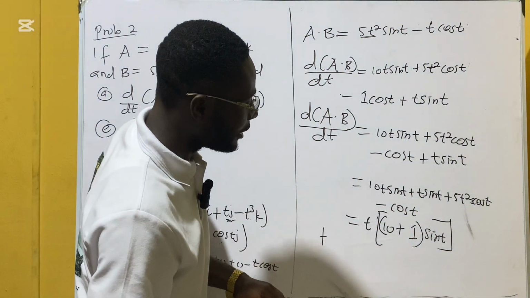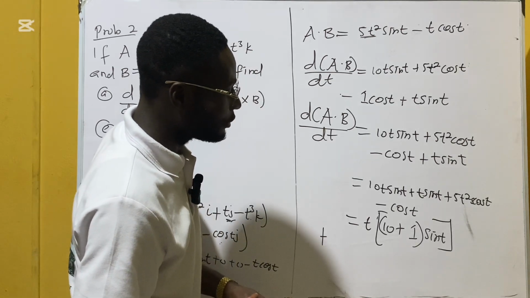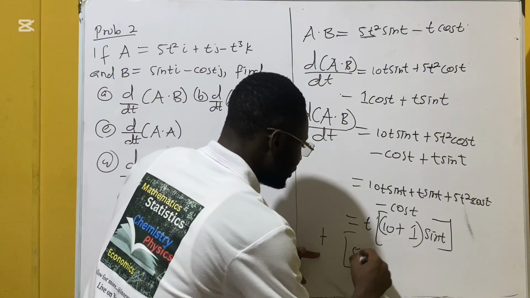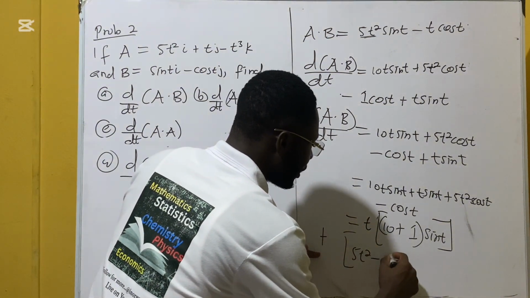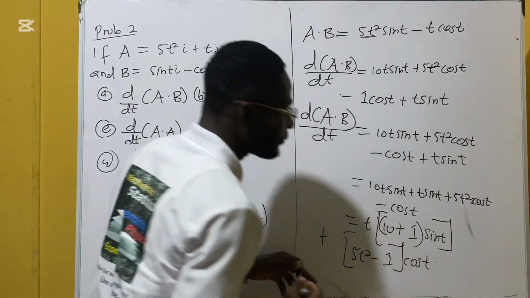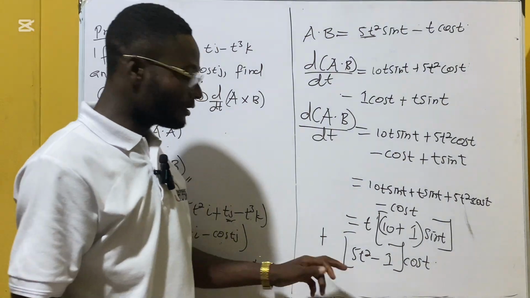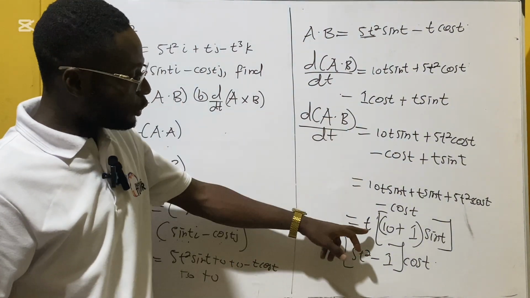We can factor cos t out. So we're going to have into 5t squared minus 1, all multiplied by cos t. Okay, so that becomes the differential of a dot b with respect to t.